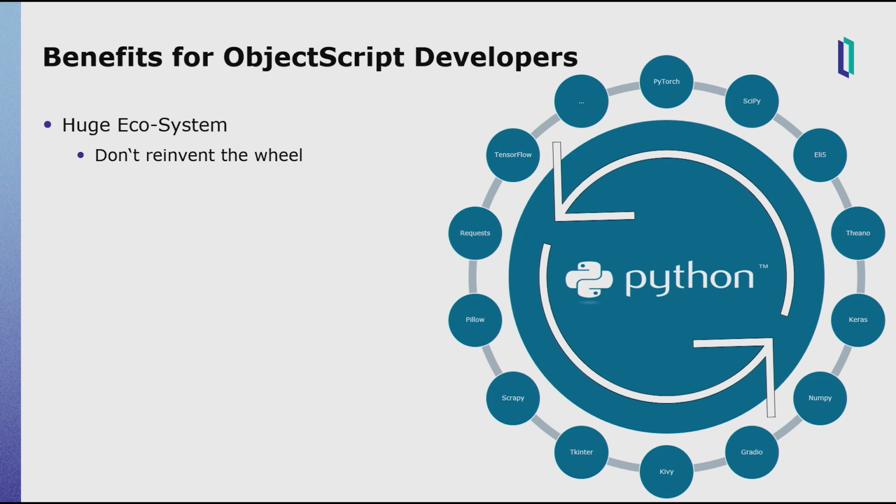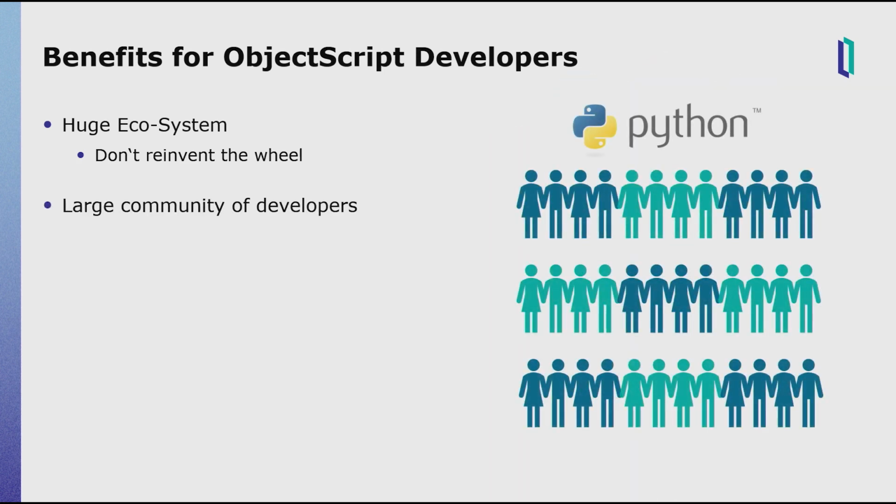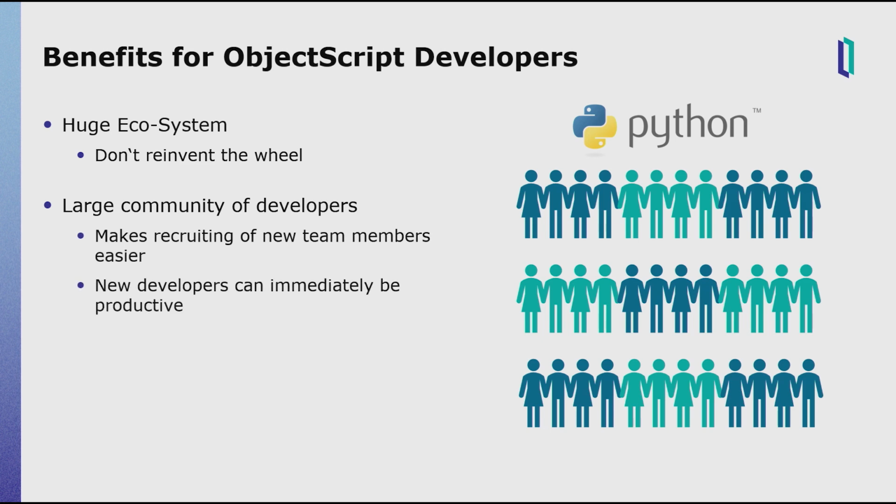You find Python libraries for almost everything here. And isn't it better to focus on your real core competencies and your business? So we will see in a minute how you can use external Python libraries from ObjectScript to add features to your application. And the other aspect is there are a lot of Python developers around the world.